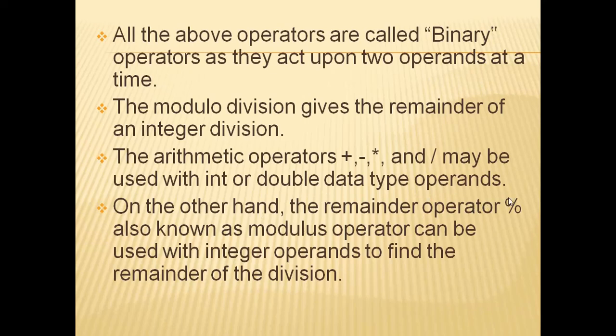Whereas the modulo operator is used to perform operations only on integer operands. We cannot perform floating point operations using the modulo operator. Whereas for addition, subtraction, multiplication and division, we can perform operations on both integers and float or double values.